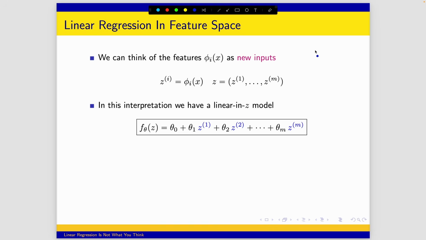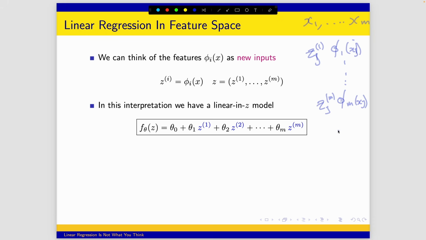So for example, once we've specified phi 1 of x down to phi m of x, for each of our x's in our dataset, x1 to xn, let's pick the jth one. We could find phi 1 of xj down to phi m of xj. And this would be z1j, the first coordinate, down to zmj, the mth coordinate.